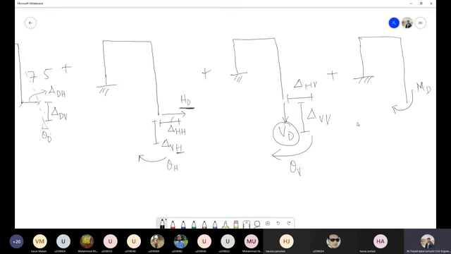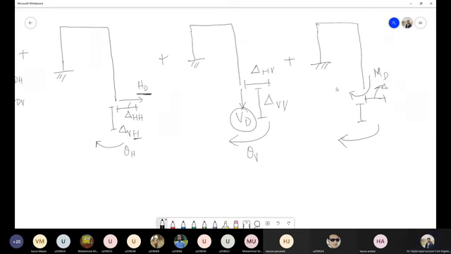Okay, so due to this moment, again we will have three kinds of deflections and rotations. One is this one and this one. So this we can call delta H theta.